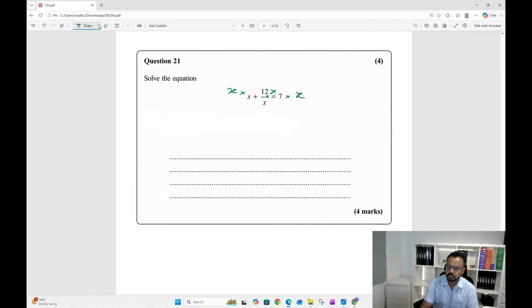When you do that, see what happens. x times x is x squared, plus this x and that x get cancelled out. 12 is equal to 7x. Move it to that side. x squared minus 7x plus 12 equals 0. Now you can just factorize and solve it.